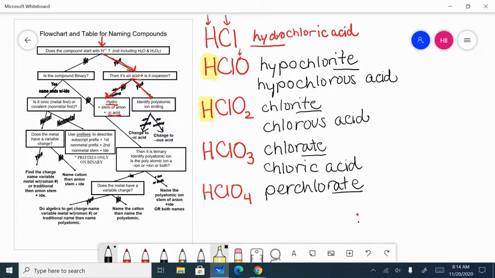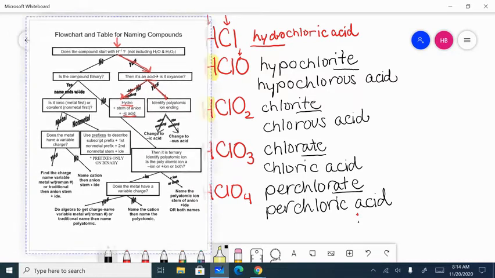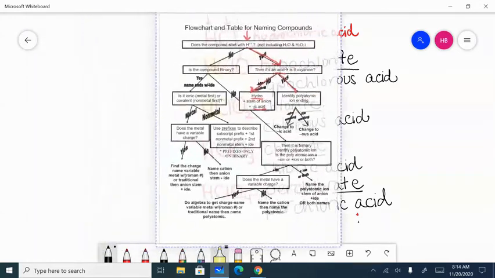We'll change the ending to IC acid, so this is perchloric acid, like such. So this is a series of polyatomic ions and the acids that they become when you make a bond with H+.